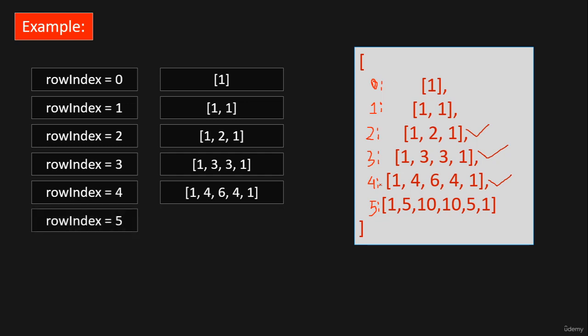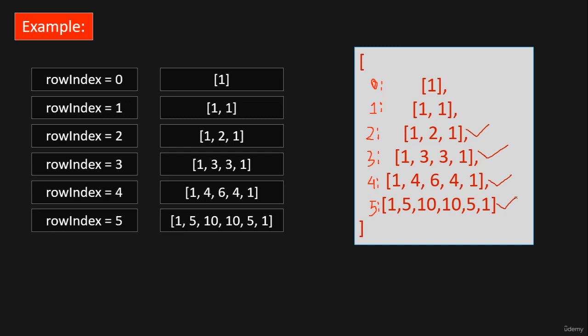If you're given row index equals 5, then you have to return the list at index row index from our Pascal's triangle. So given a row index, you have to return the row from Pascal's triangle at that index. It's a zero-based index.